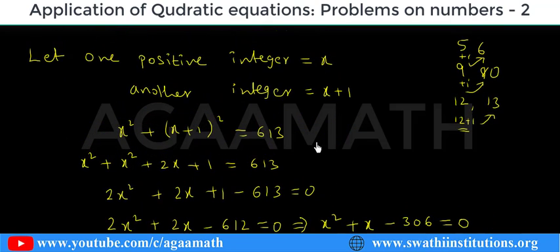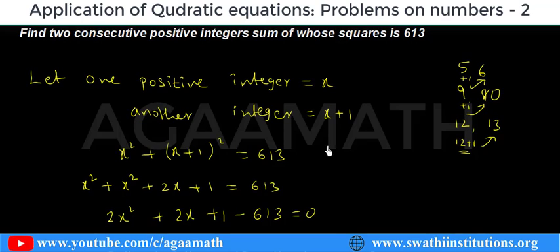So if you take the two numbers, 17 and 18, the sum of the squares becomes 613. Remember, consecutive positive integers means if one is x, the other is x plus 1. This is how we solve these questions.